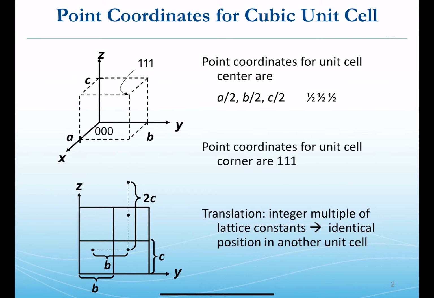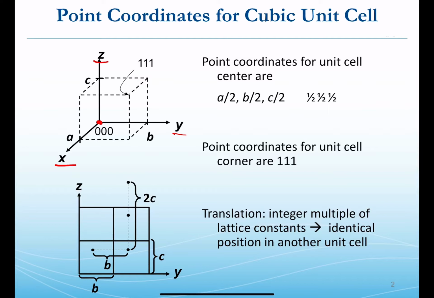Okay, so here's an arbitrary cube placed on the Cartesian coordinate system, x, y, and z. We'll place the origin, of course, and we'll use the coordinates of the origin as default. So 0, 0, 0 represents the origin.